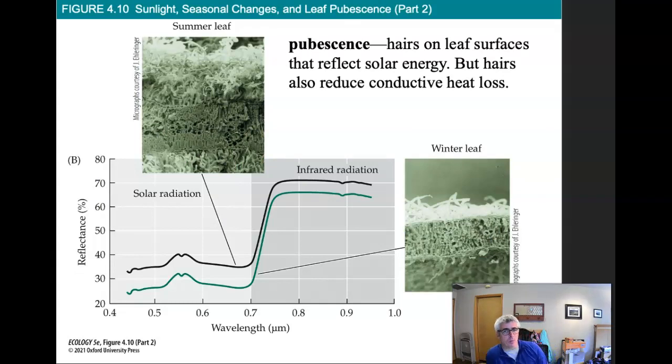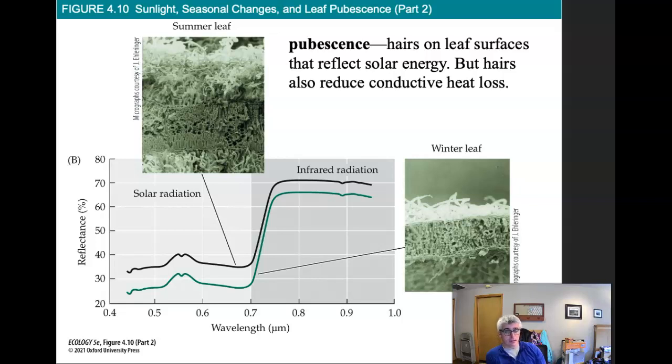Another way that plants have adapted to reflecting solar energy and reduced loss due to conductive heat loss is pubescence. Pubescence in this case refers to small white hairs that grow on the leaves or the surface of a plant. These small white hairs do a few things.